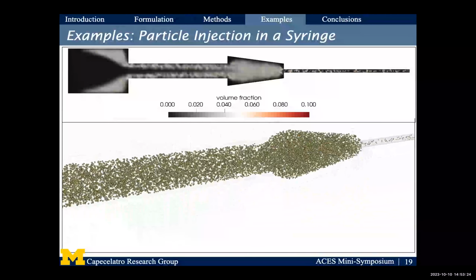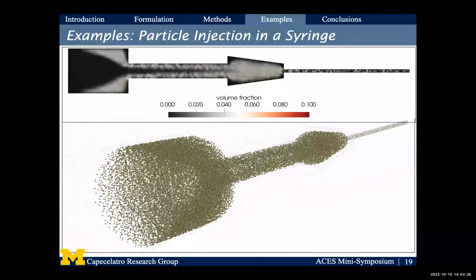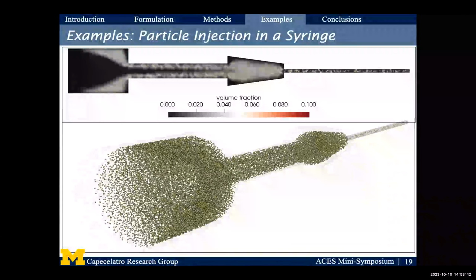And what's nice about this is we're able to take their geometry and efficiently mesh it, so there's almost no time spent meshing. And this particular simulation had, I think, on the order of 10,000 or 30,000 particles, and was run on basically a laptop. So, we could do these calculations very fast, and it's scalable.